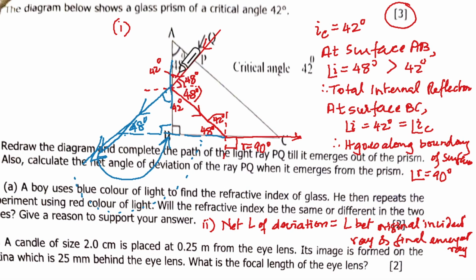So how much is this? 42. This angle, this one, is 42 degrees. So this will be 48. This is 90, correct? How much is this? 132. So it will be 180 degrees. But this angle is 48, so this should be 48, right? That is 42.